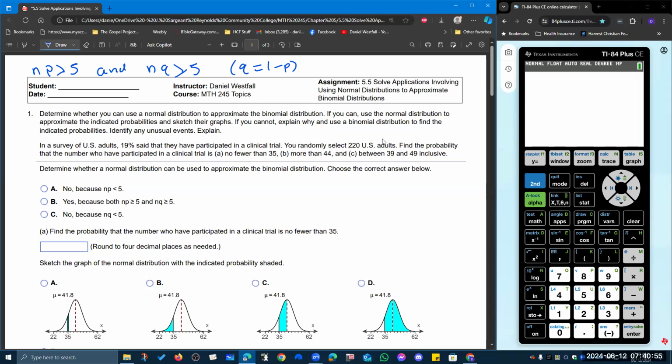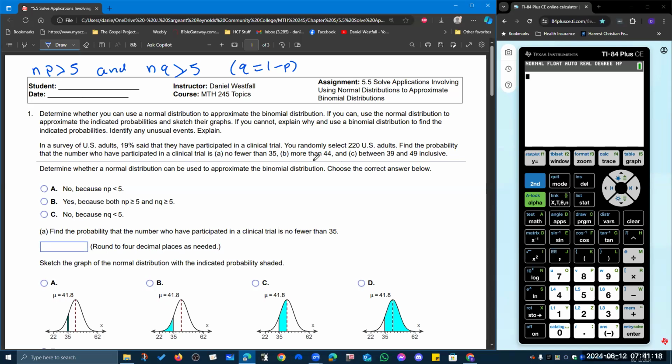Determine first whether you can use the normal distribution to approximate the binomial distribution that's given, and if you can, use the normal distribution to approximate the indicated probabilities and sketch their graphs. If you cannot, explain why and use the binomial distribution instead to find the indicated probabilities and identify any unusual events.